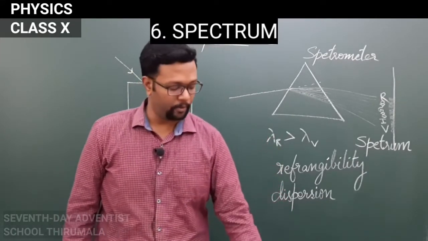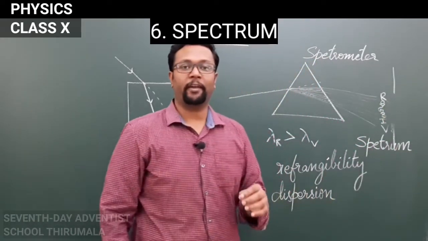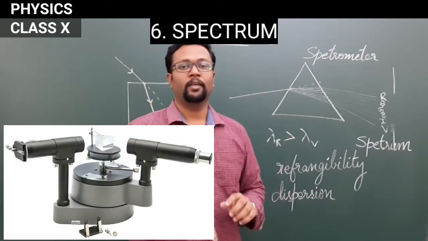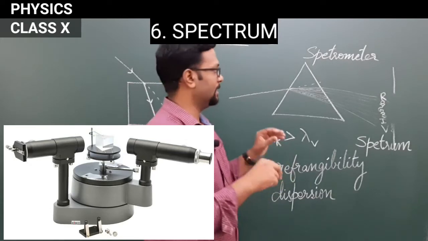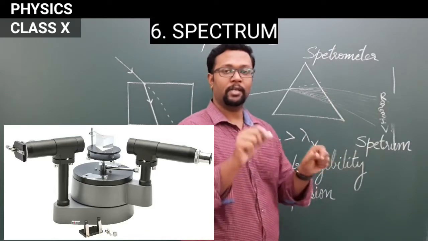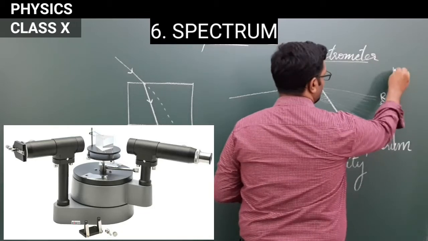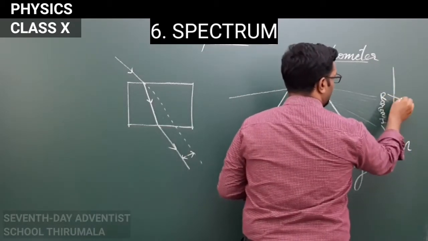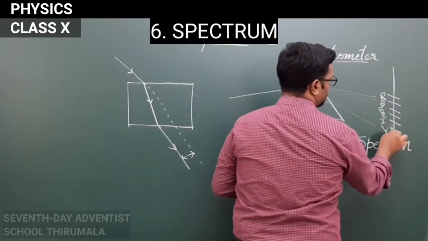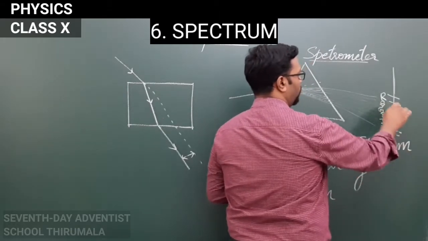So we need to know what a pure spectrum is. A spectrometer is an arrangement of many lenses in a tubular structure, and it allows the light ray to enter as a parallel beam, and the emerging light rays are collected and the individual colors are separated from each other. So when you use a spectrometer, the spectrum will be a band of different colors, all separated by bands: violet band, indigo band, blue band, green band, yellow, orange and red.